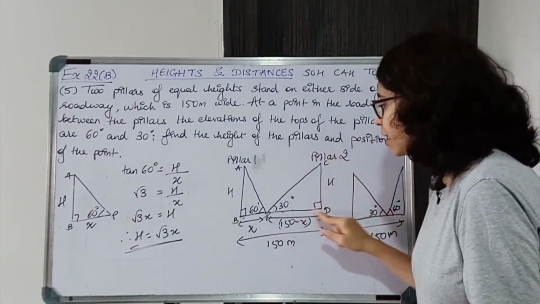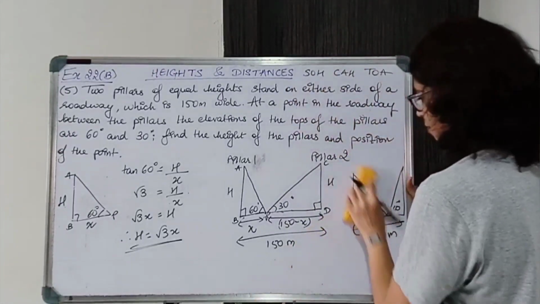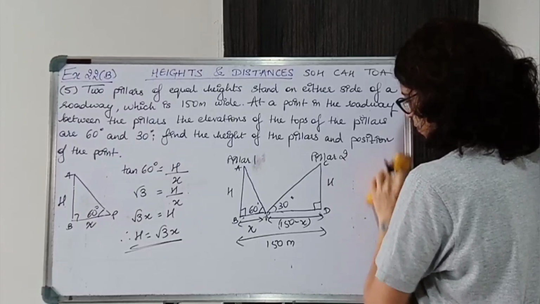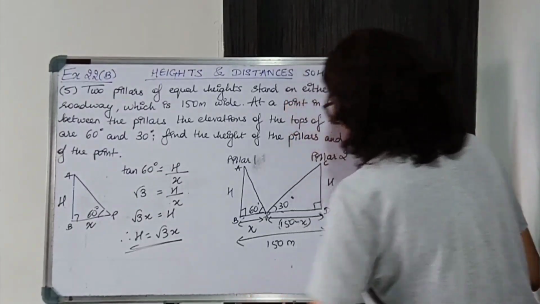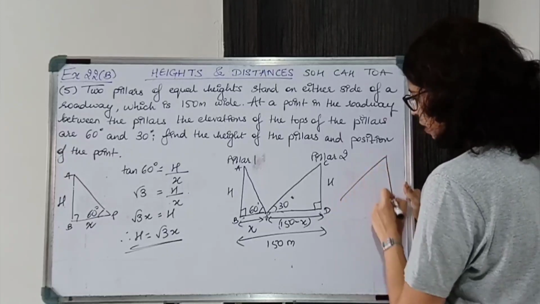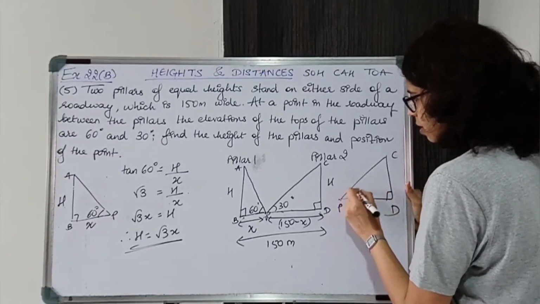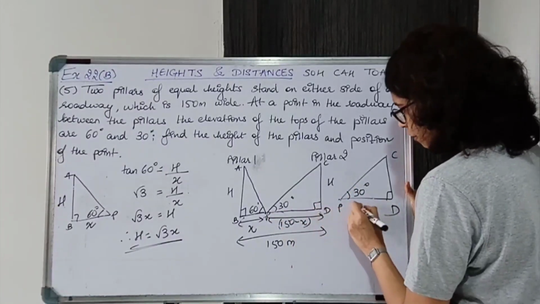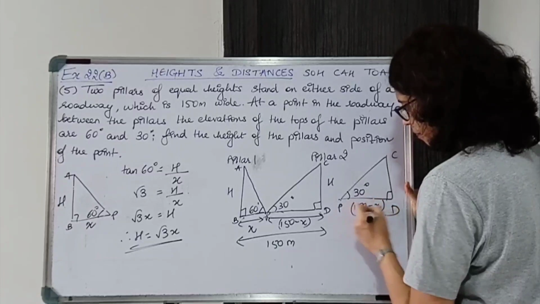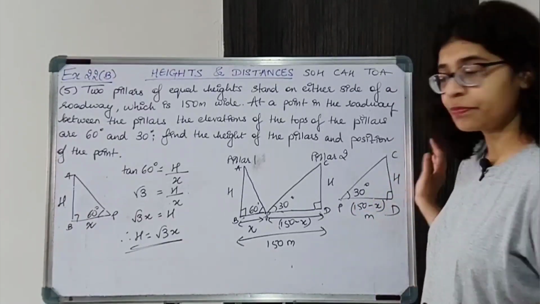That is when you consider triangle CDP. Now if you consider triangle CDP, this angle is 30 degrees, PD is 150 minus x meters, and this is h in meters.